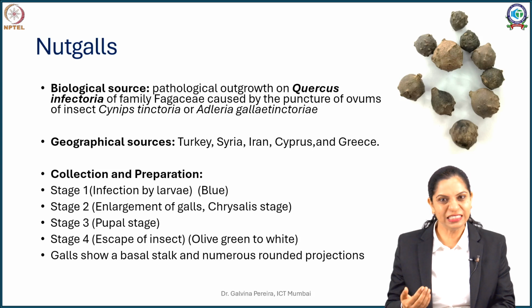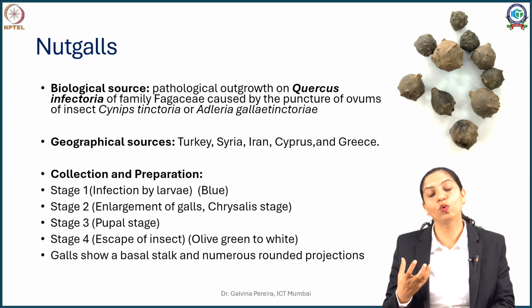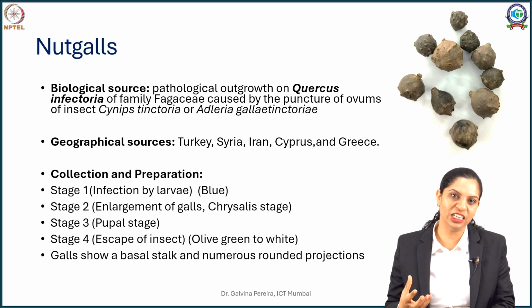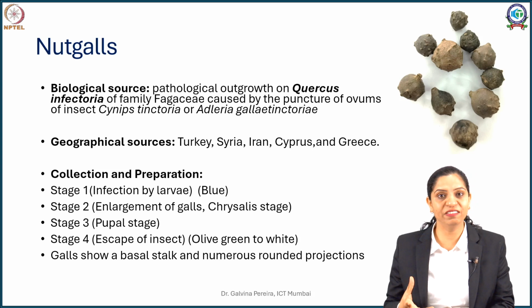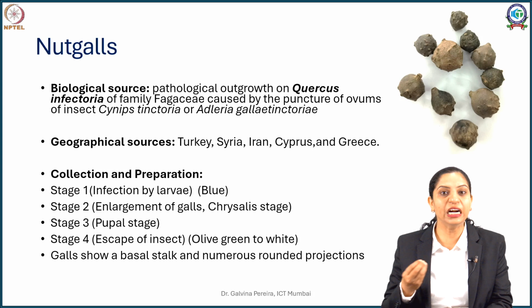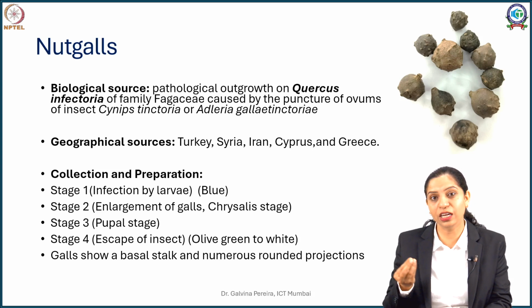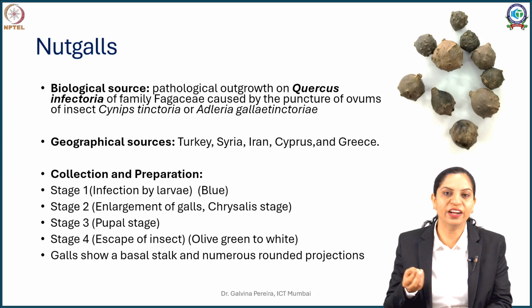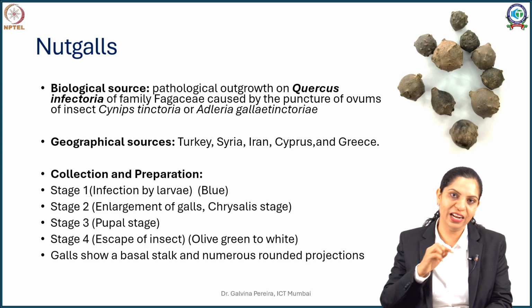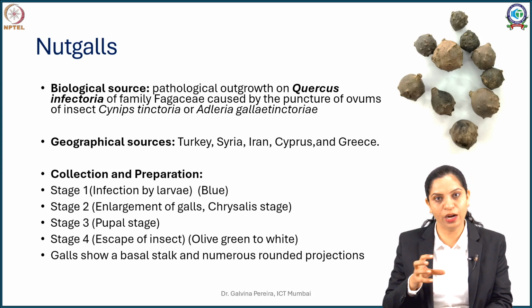Now when the plant senses more and more glucose is being produced in a particular cell by hydrolysis of starch, in that region the pathology changes and abnormal cell division happens, something like a tumorous outgrowth. This outgrowth continues, and as the insect is still consuming these juices which are rich in glucose, the insect tends to get entrapped inside the galls. So you have an insect in the center and a tumor-like gall growing around it.